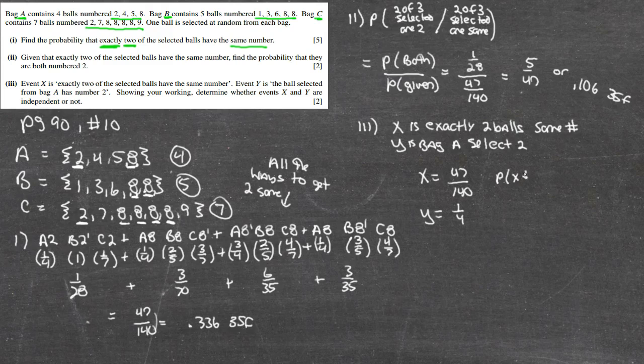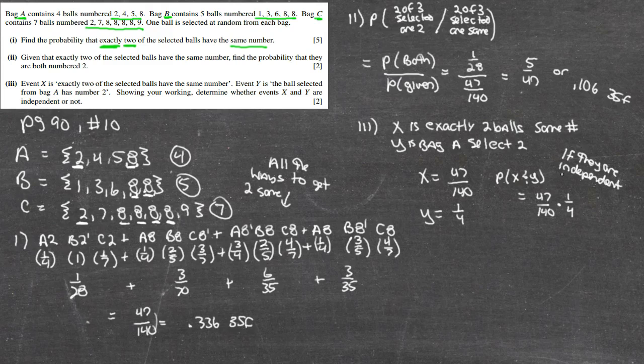So if these are independent, then if I take the probability of X and multiply it times the probability of Y, I should get the same probability of both of them happening.